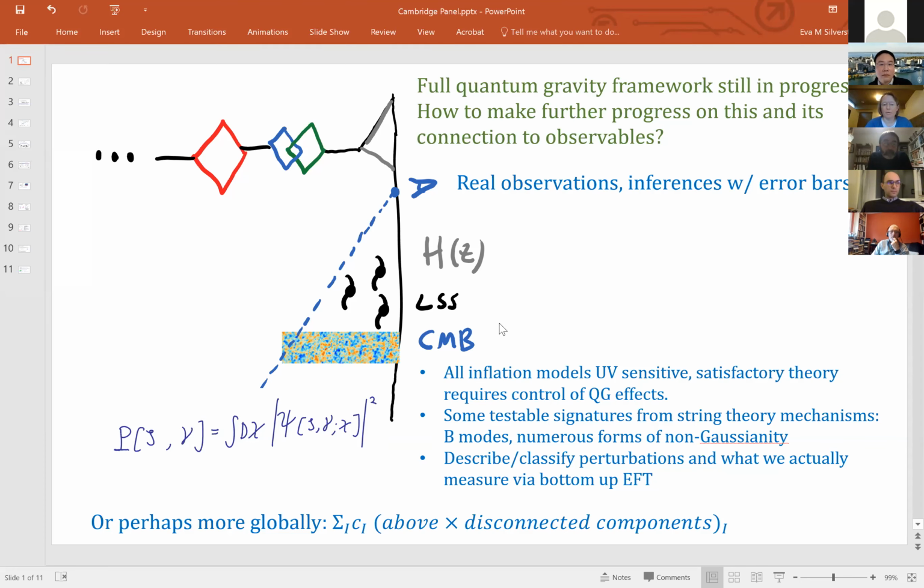So I'm going to stick with the traditional terminology of UV sensitivity or dangerous irrelevance to address this question. And my view is very moderate. It's not just what Gary described as the traditional top-down sort of model to phenomenology method.